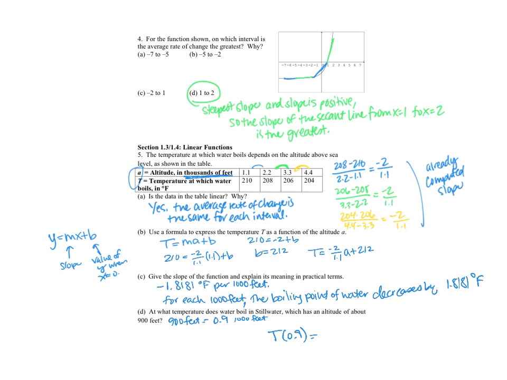And I'll use my function, negative 2 over 1.1 times 0.9 plus 212. And if I compute that, I get 210.363, and that is a temperature, so the units are degrees Fahrenheit.